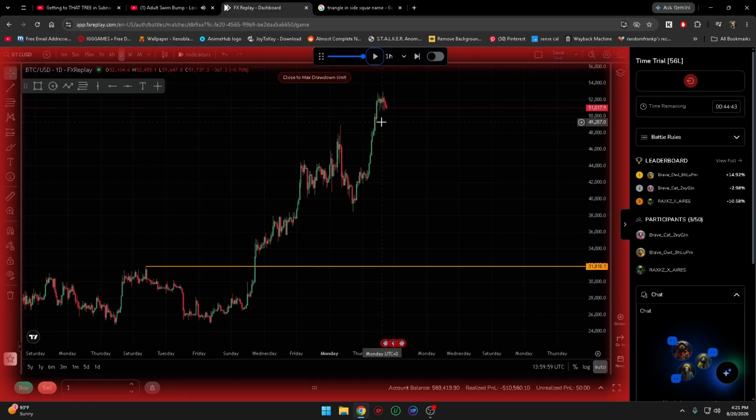This is ERL and IRL. How does it get there? Price does that by, it's not even liquidity runs.